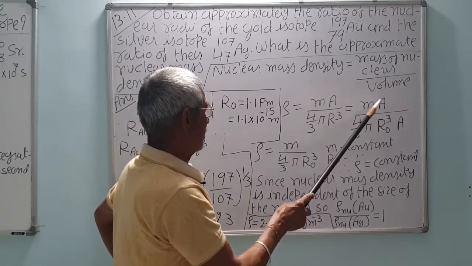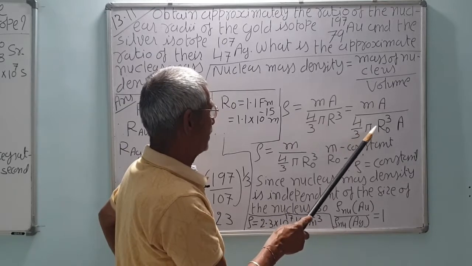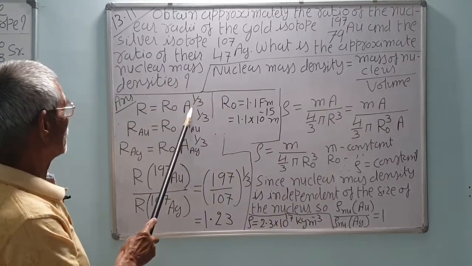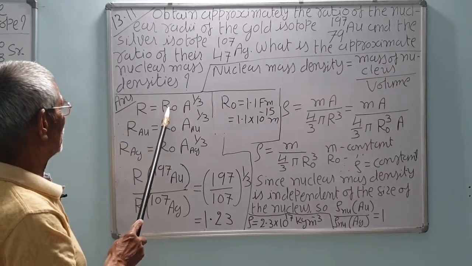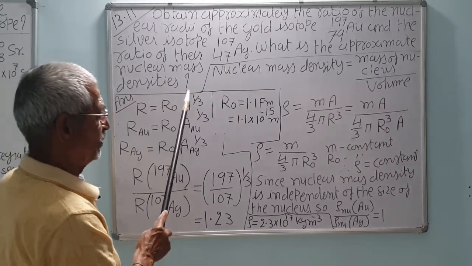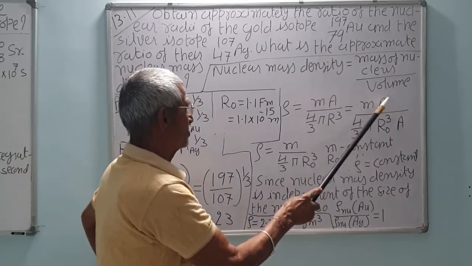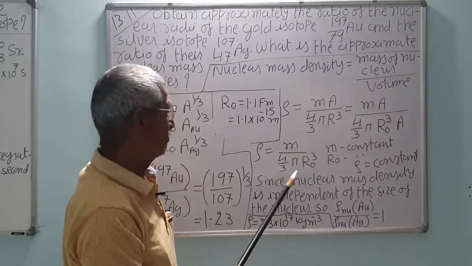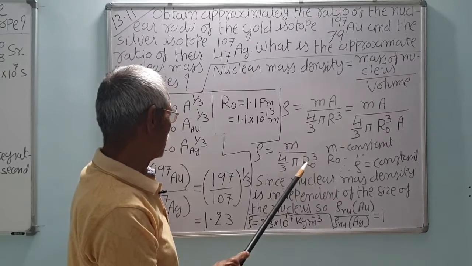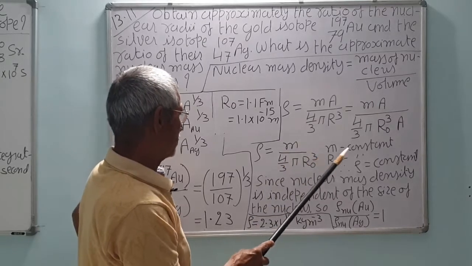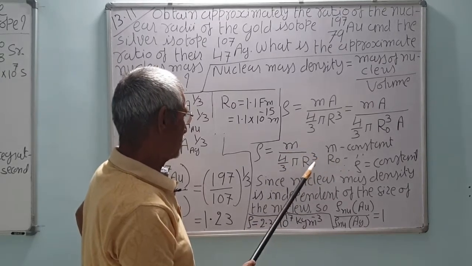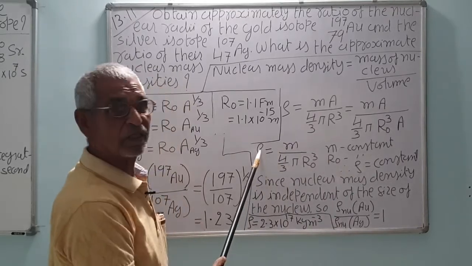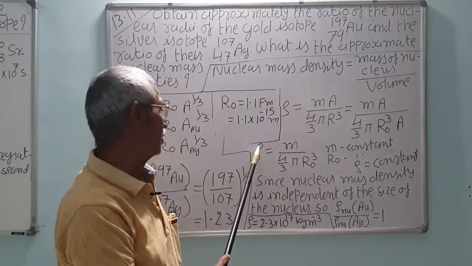So, it is equal to mA upon 4 upon 3 pi R0 cube A, since R is equal to R0 A raised to 1/3. So, R cube is equal to R0 cube into A. So, A will be cut. So, that will be m upon 4 upon 3 pi R0 cube. These are constants, m is constant, R0 is constant, correct.